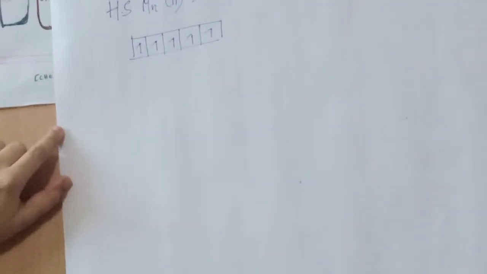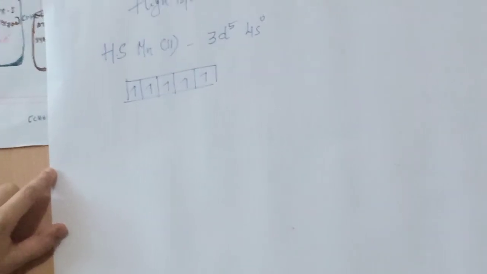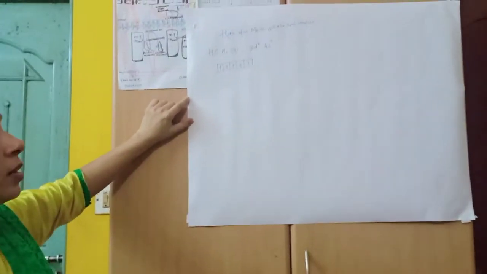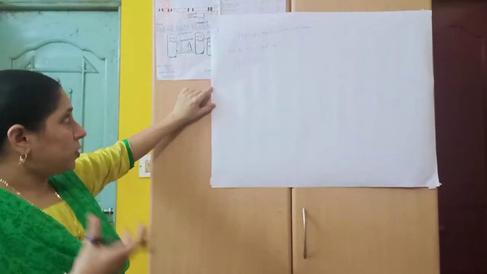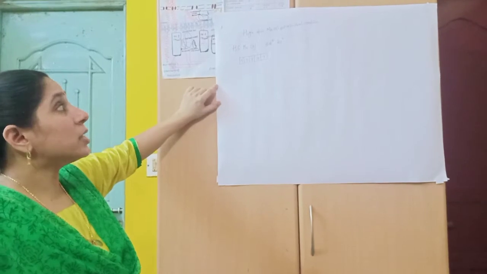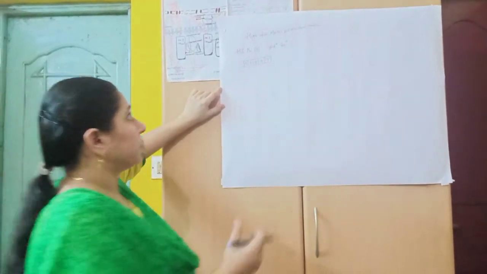Five unpaired electrons are there. So before going to the details, let me tell you that from this example, you will be able to observe zero field splitting, Kramer's degeneracy, as well as nuclear hyperfine splitting.